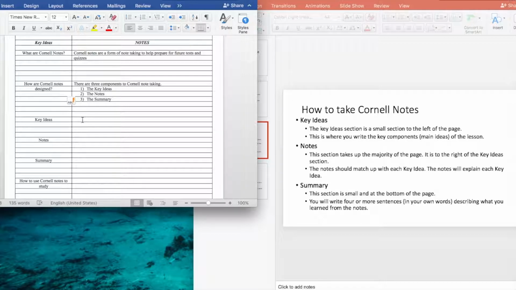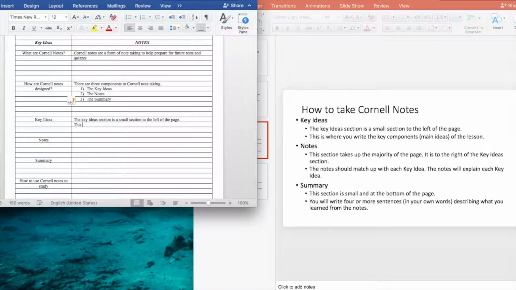Alright, so the key ideas section is a small section to the left of the page. And it will always be on the left-hand side. I will never move it on you.